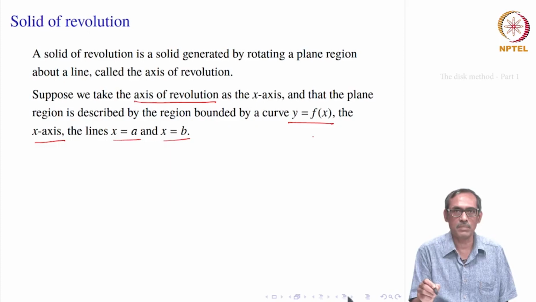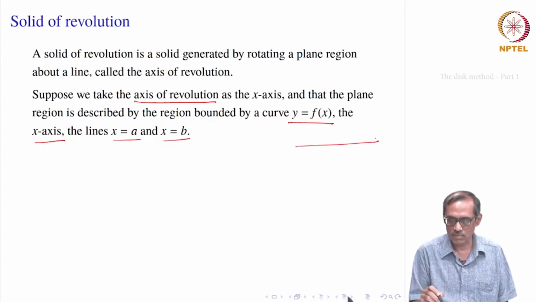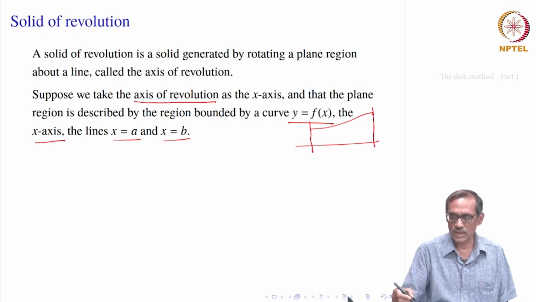We are taking a very particular case; we will come to a slightly more general case later. So, you have the axis of revolution, a curve y equal to f of x, a line x equal to a, a line x equal to b, and now you are revolving it around this line. You would get some solid of this kind.